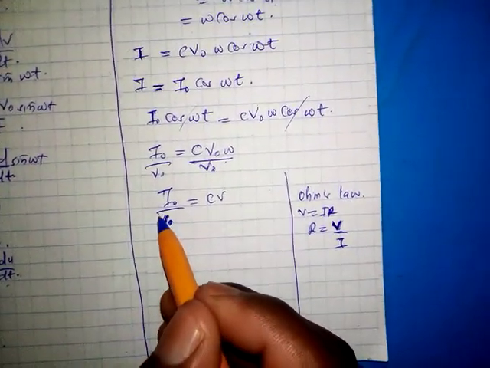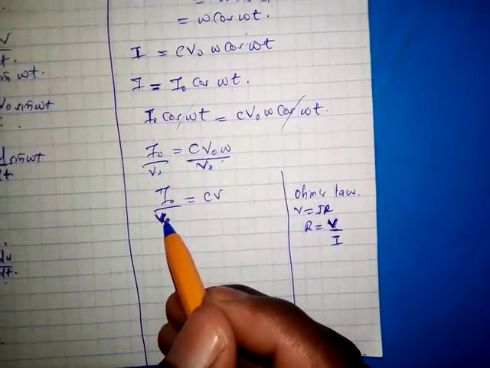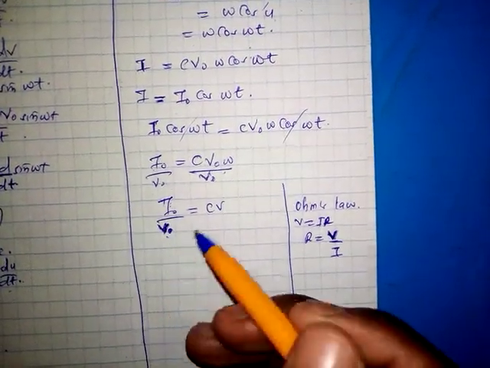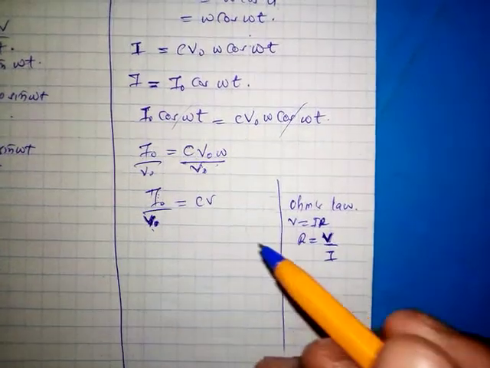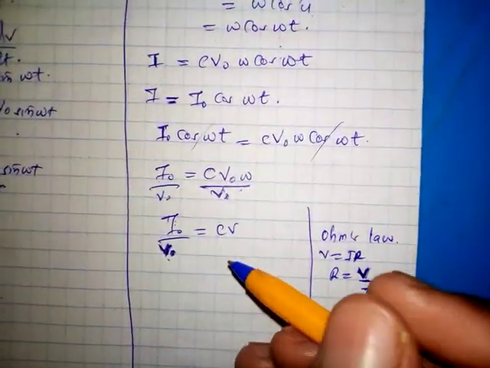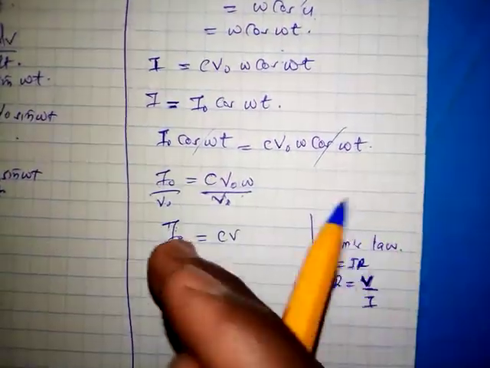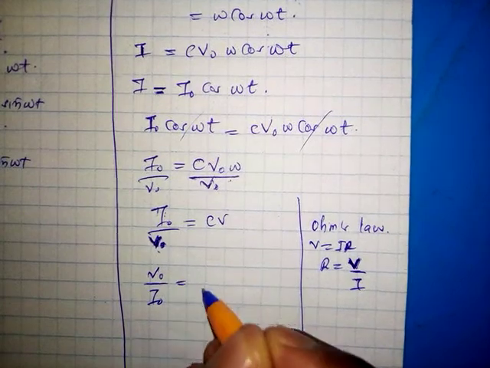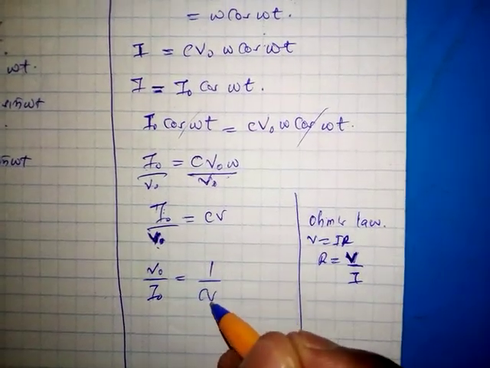So we have to make V to be here and I to be here. The simplest thing to do here is just to get the inverse on both sides, so that we have V naught over I naught is equal to 1 over C omega.